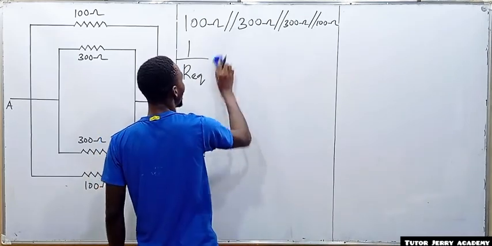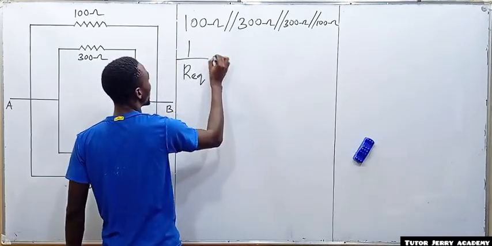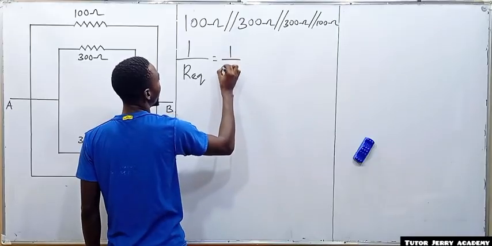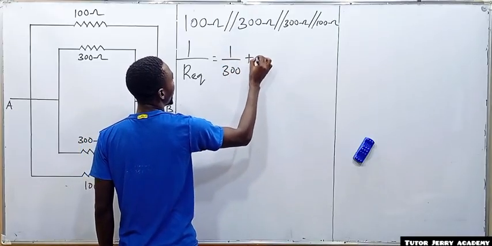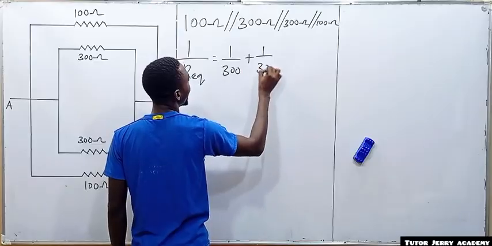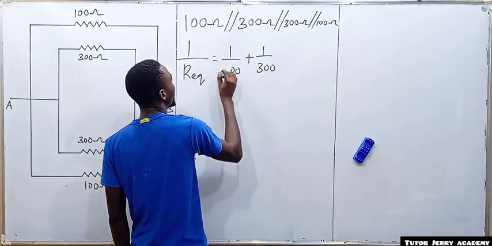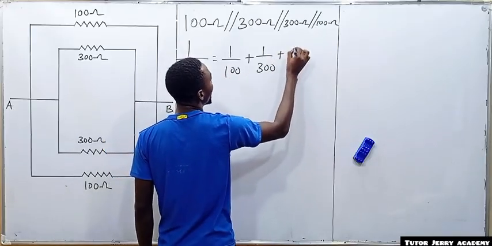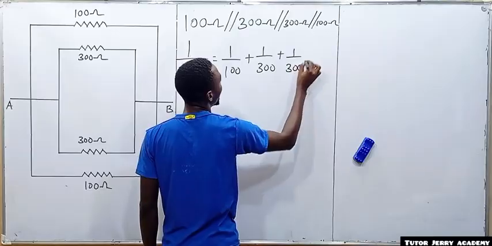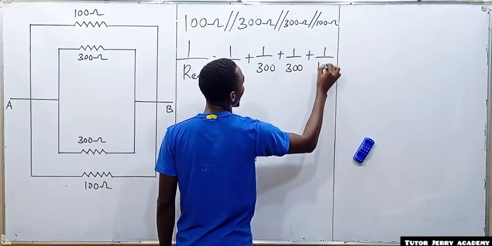We need to rearrange this carefully, sorry, this is supposed to be 1 over 100, plus 1 over 300 plus 1 over 300 plus 1 over 100.